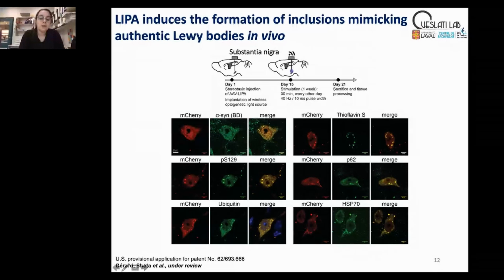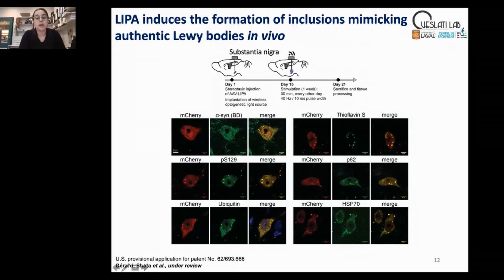And when we examine the dopaminergic neuronal loss, we see that there is high and significant neuronal loss in the LIPA-syn injected mice that are exposed to the light, while when you look at the contralateral side, we don't see any loss.